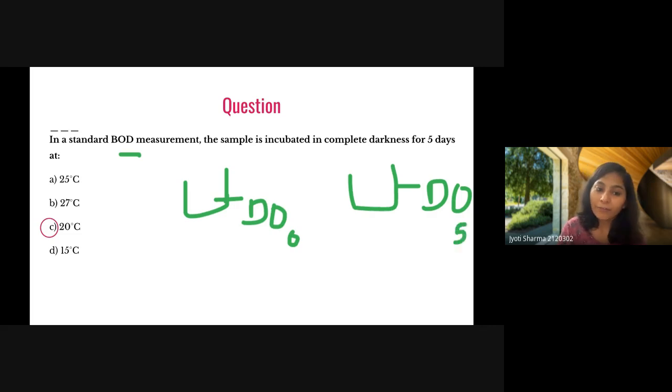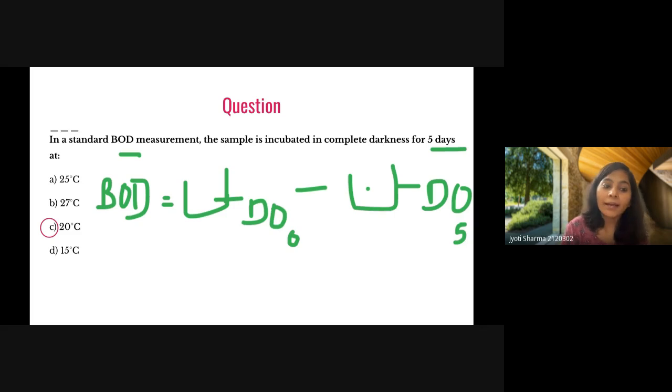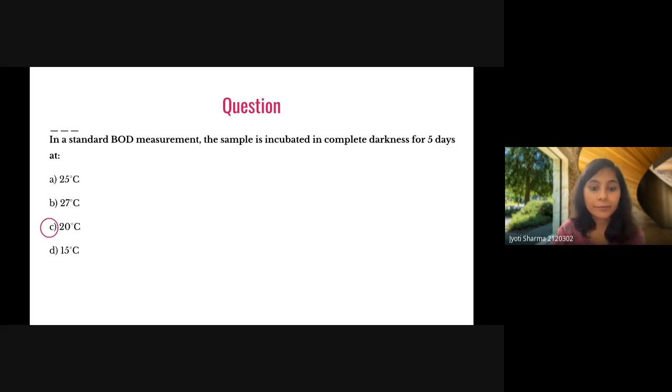Then the dissolved oxygen will be less, and if we subtract, we get the BOD. But for that we have to wait for 5 days, and the temperature should be 20 degrees Celsius. Then only we can determine the BOD5. So C is the right answer.